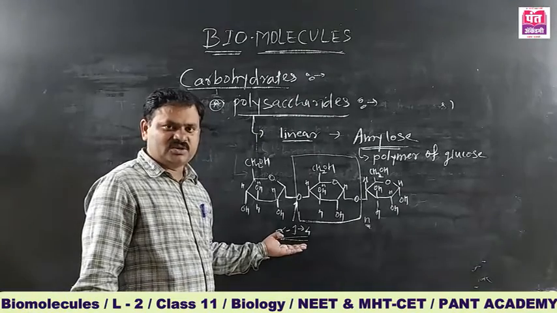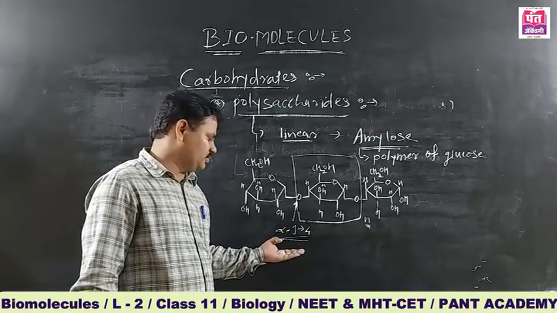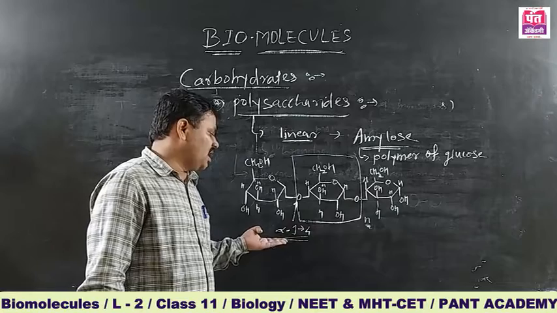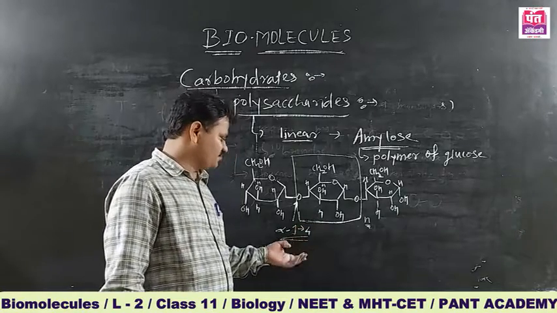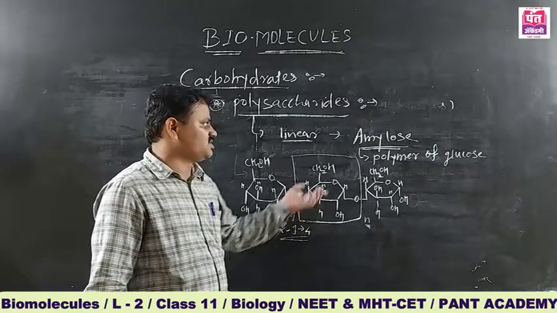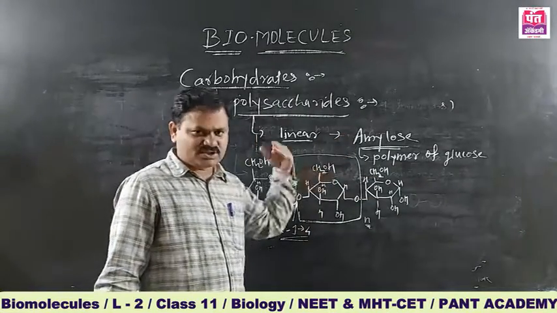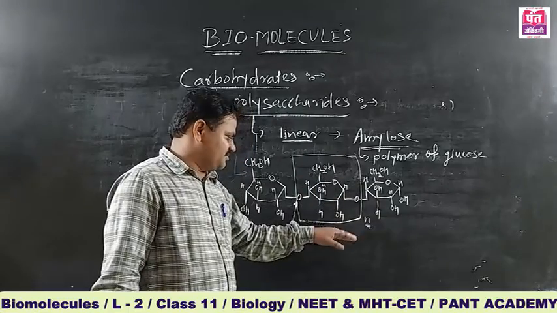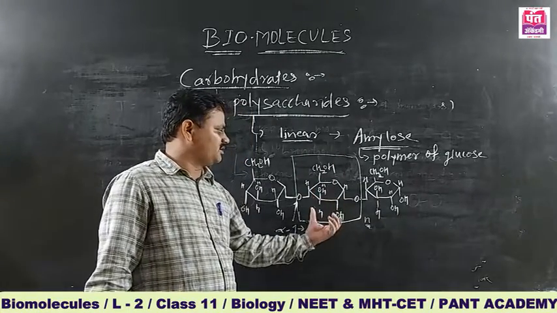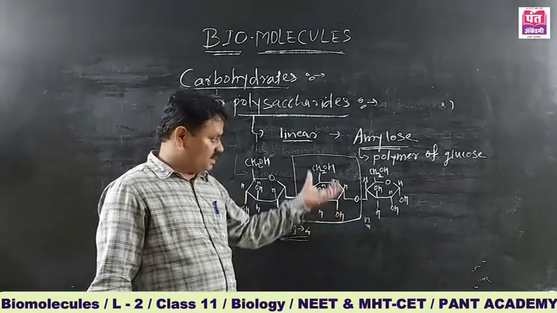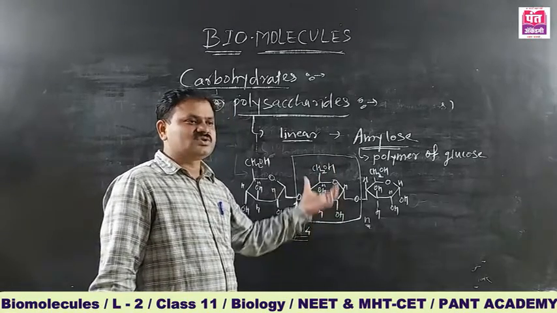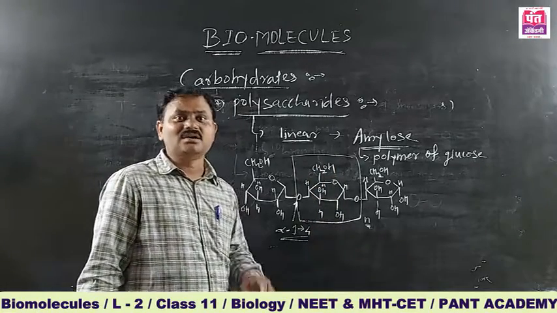Each glucose molecule is joined with the other molecule by an alpha-1,4 type of linkage. So the alpha-1,4 linkage is present in the amylose, and this structure is consequently repeated. That is n number of middle glucose residues. So n number of glucose residues are present.